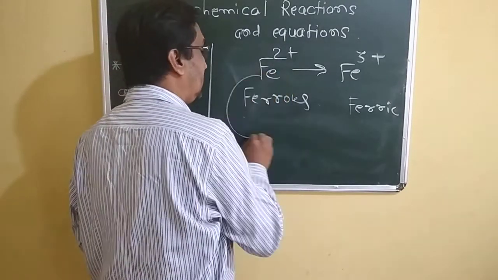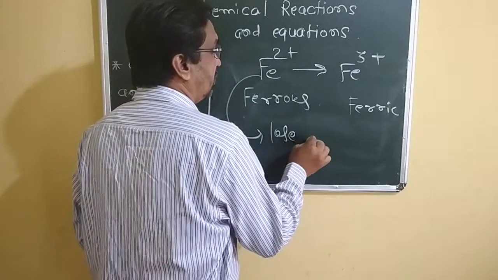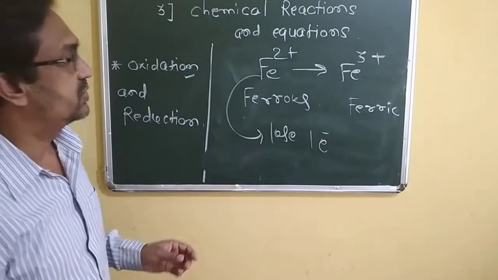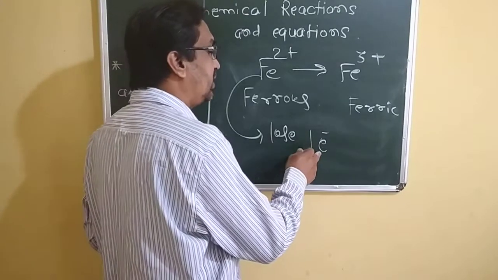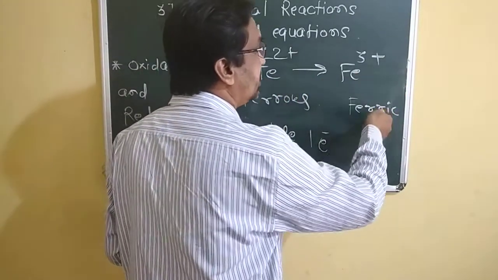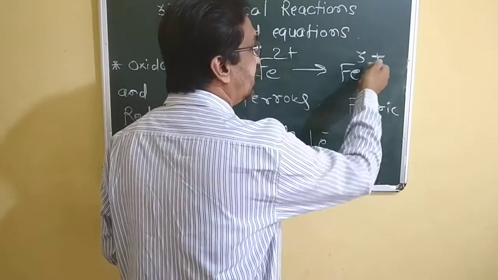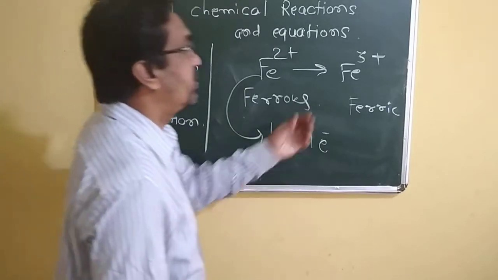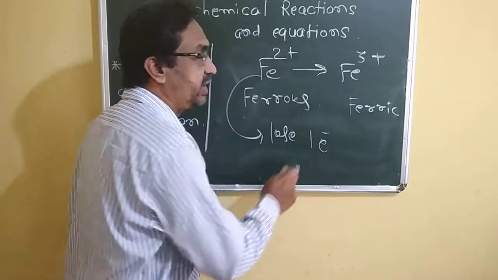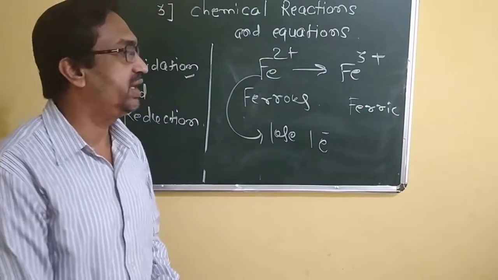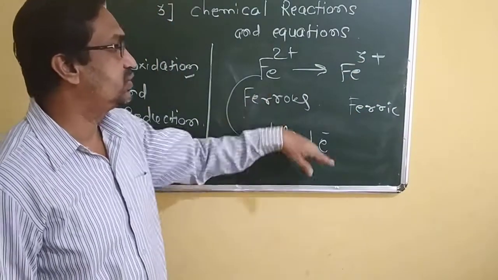It loses one electron. Ferrous loses one electron, so due to losing one electron, the positive charge increases. The increase of positive charge in the iron means losing one electron. That is the conversion of ferrous to ferric.